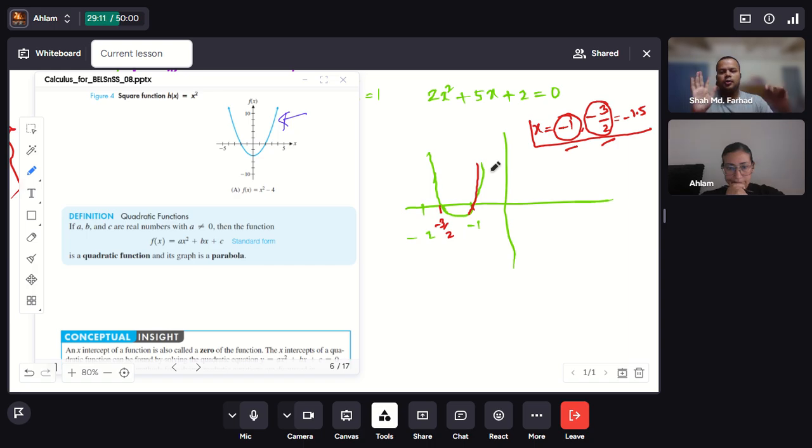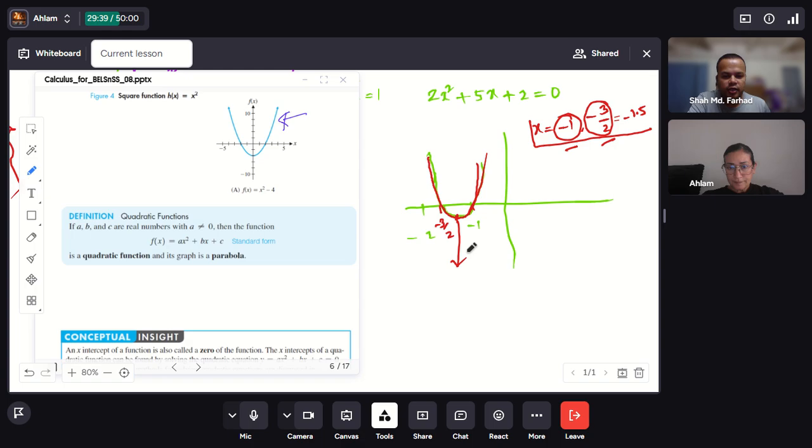Now there is a point where we will have the minimum value. The graph comes downward, downward, downward, reaches a point, and then from that point it moves upward, upward, upward.